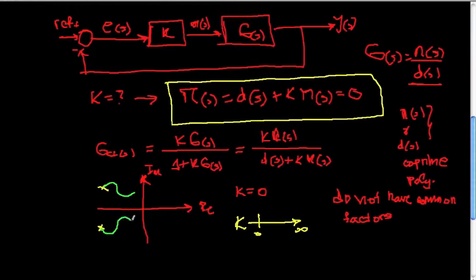Will start changing this way. And at some critical k, k critical, kc, the poles will cross here from being stable to unstable.